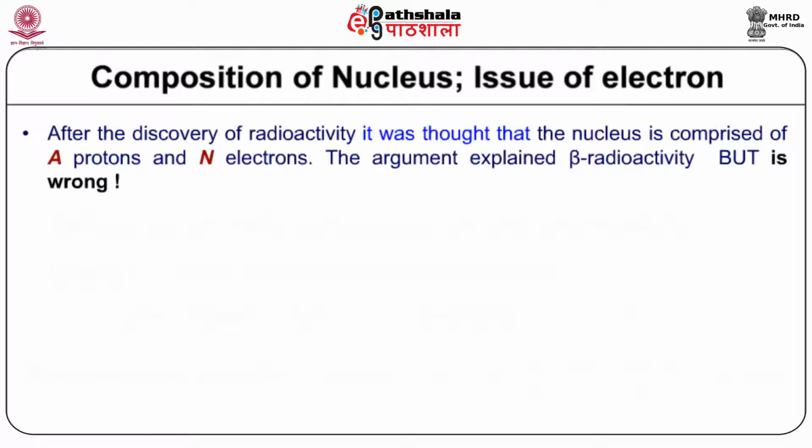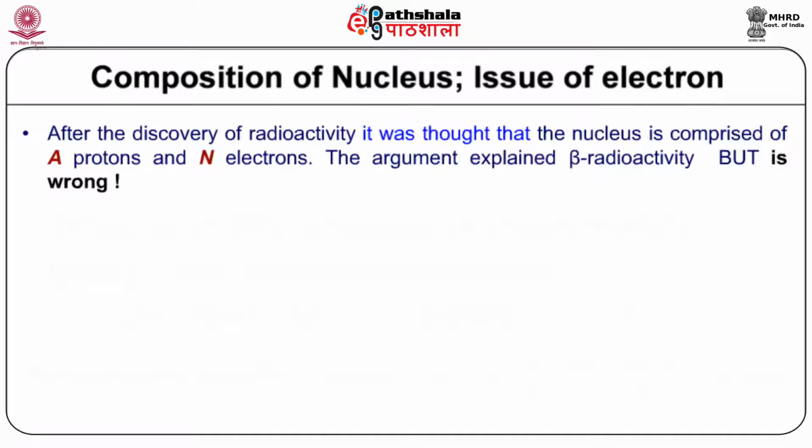That was considered because there was no neutron, and second, only two particles coming out of the nucleus in radioactivity were seen by people. So people thought that the nucleus is composed of protons and electrons, and the charge in the nucleus is equivalent to the total number of protons present within the nucleus.